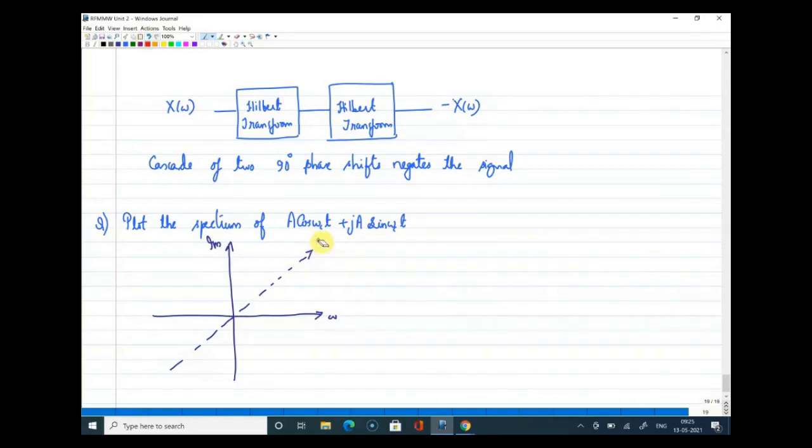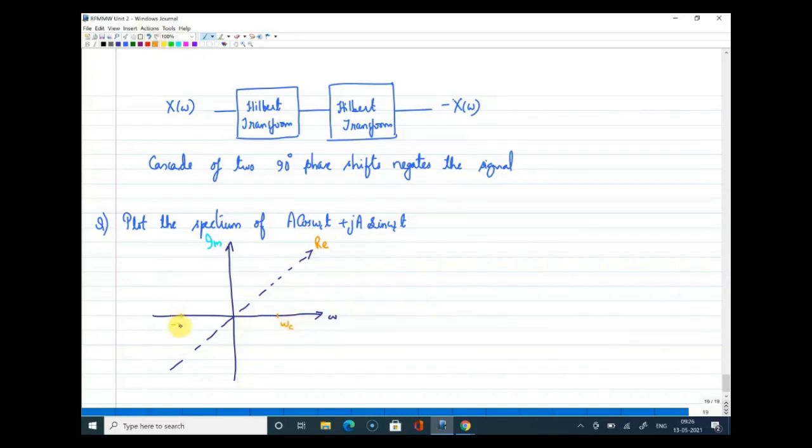All right, let me use real components with this color and imaginary with this. So A cos omega c t is your real part. You can perform the operation. I'm just doing it for you.